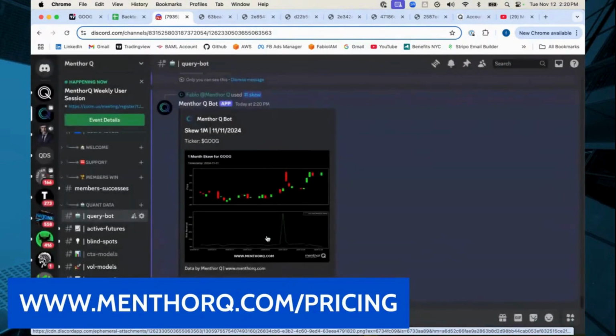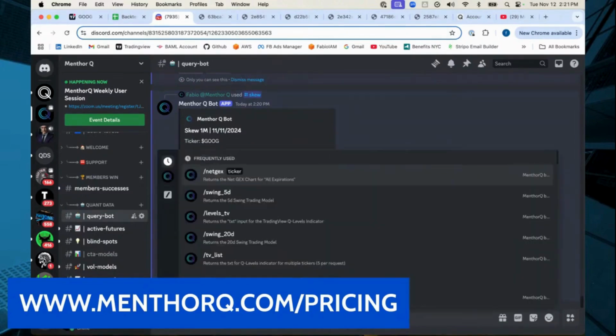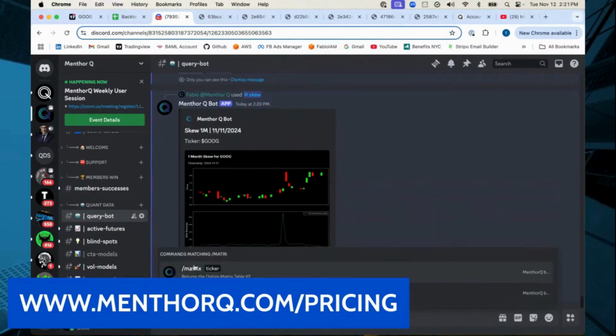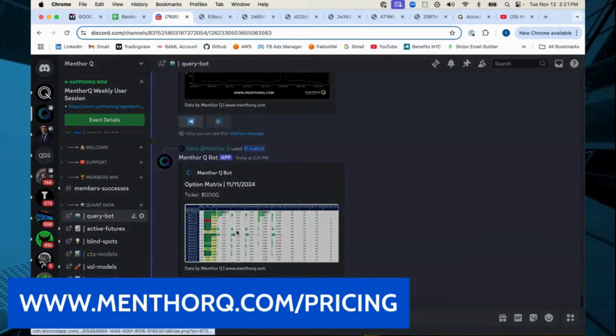Then I could come up with different ways of trading a company, which could be either by selling options and collecting premium, so pocketing our premium, or by defining an entry point for my long trades or short trades. In that case, I can use the gamma levels, I can use the swing levels, and plot them into the chart. And then in the matrix, I also want to monitor any change in gamma, any change in positioning.